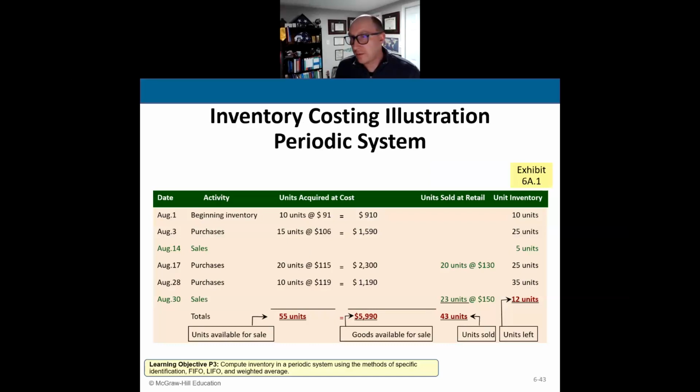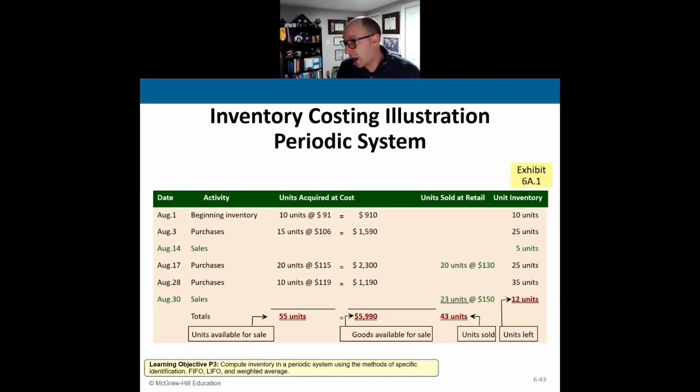In looking at the process through the periodic inventory system, it's pretty similar, but it's just ever so slightly different. Remember, the periodic inventory system is for companies that periodically take inventory.